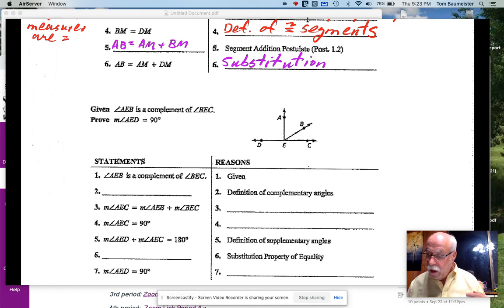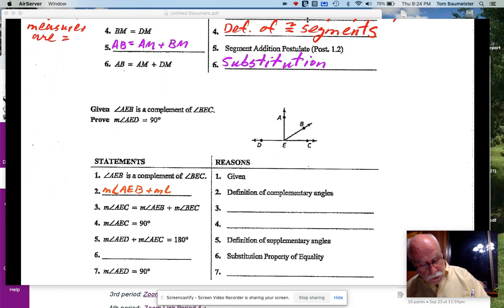Well, that means that their measures equal 90 degrees. So we can say that the measure of angle AEB plus the measure of angle BEC is equal to 90 degrees.